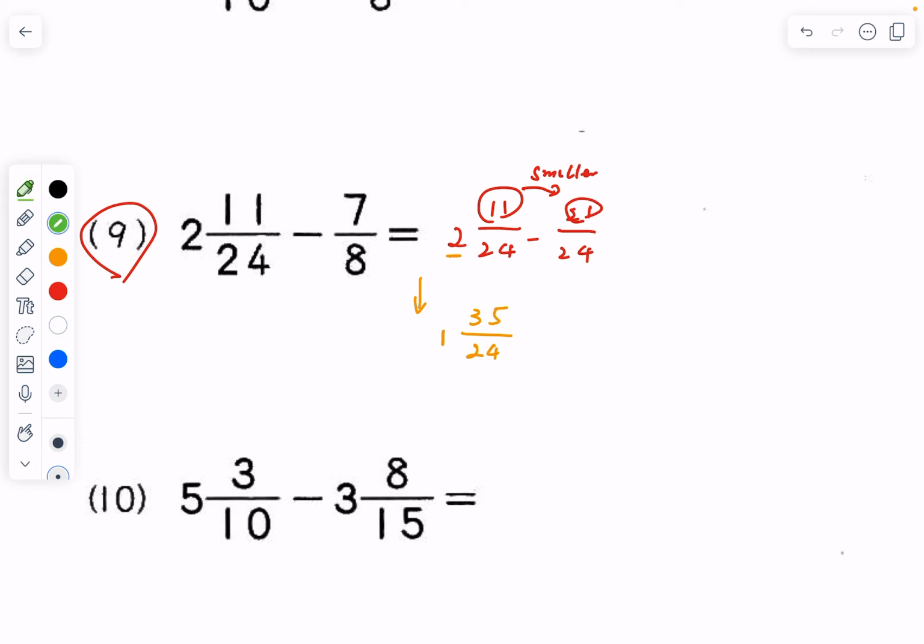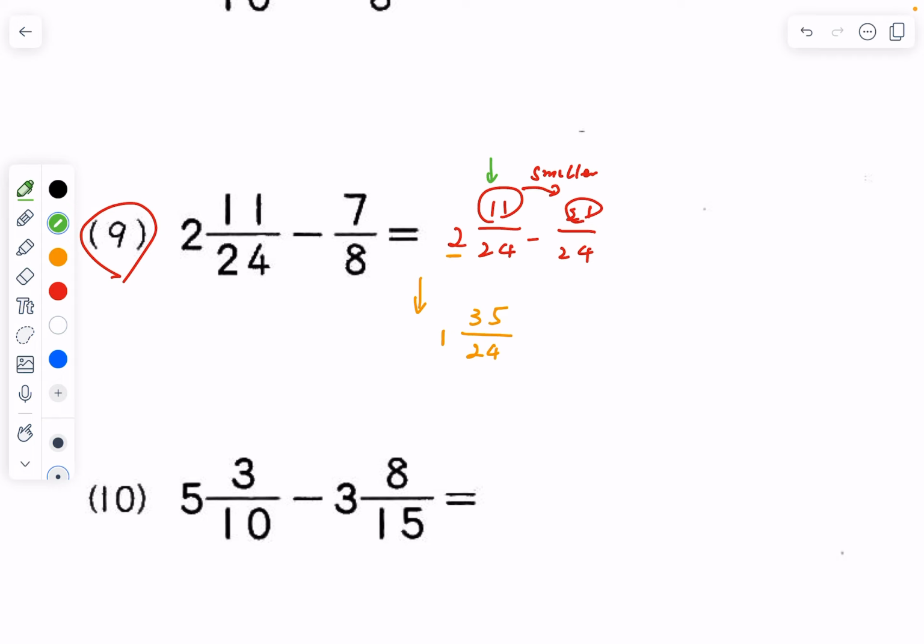Let me go through the whole process of changing 2 11 over 24 to 1 35 over 24 one more time for you. First, we notice that 11 is too small compared to 21. Then we figure out, I have a mixed number on the side, but I do not need that much of that mixed number. I don't need all 2 of them.